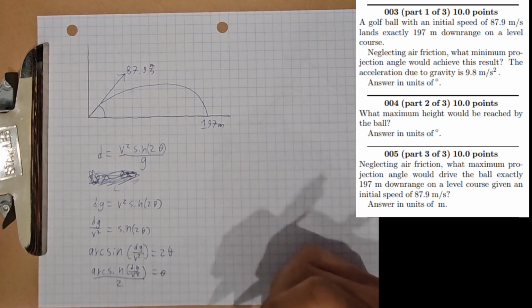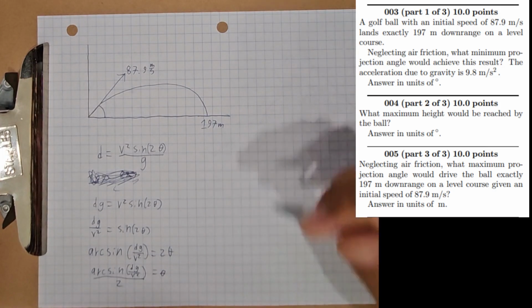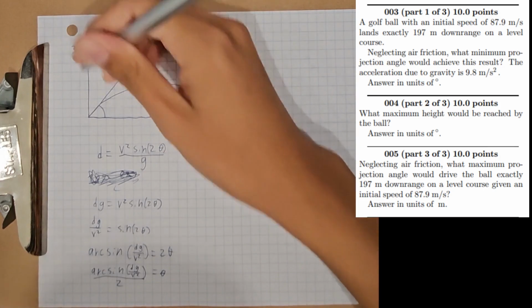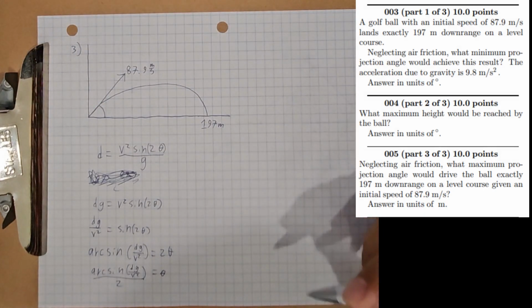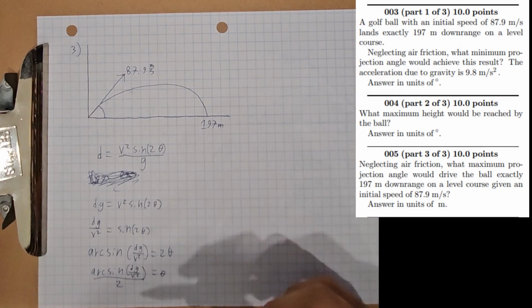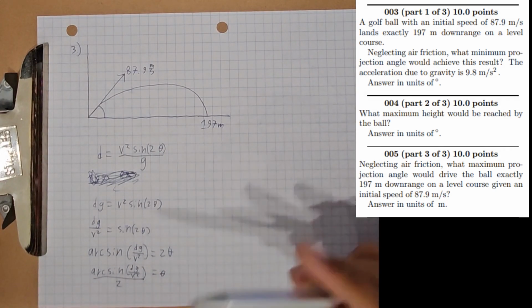Since this first question asks for the minimum distance, what you'll want to do is just take the basic value of theta that you'll get from a calculator and use it for your answer.